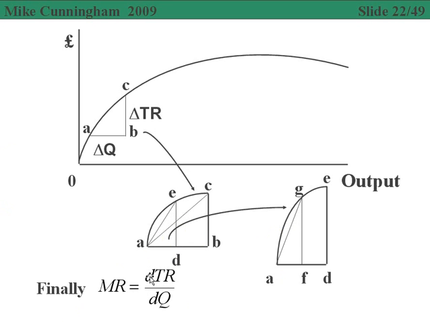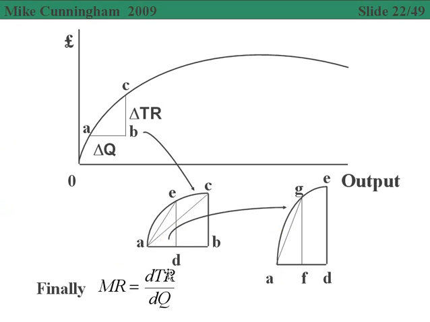D represents an infinitesimally small change in. It's the calculus. For those of you who have done mathematics, this should be obvious to you. But D is a very small change in the total revenue divided by a very small change in the quantity. So small we can't really draw it on a diagram. But yet it's real. There is a difference. It's just so small we can't represent it. And that's the essence of the calculus.